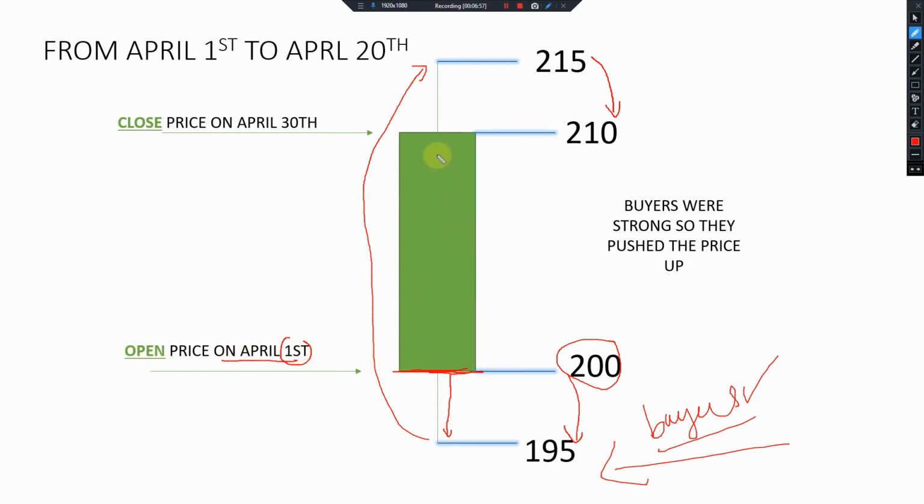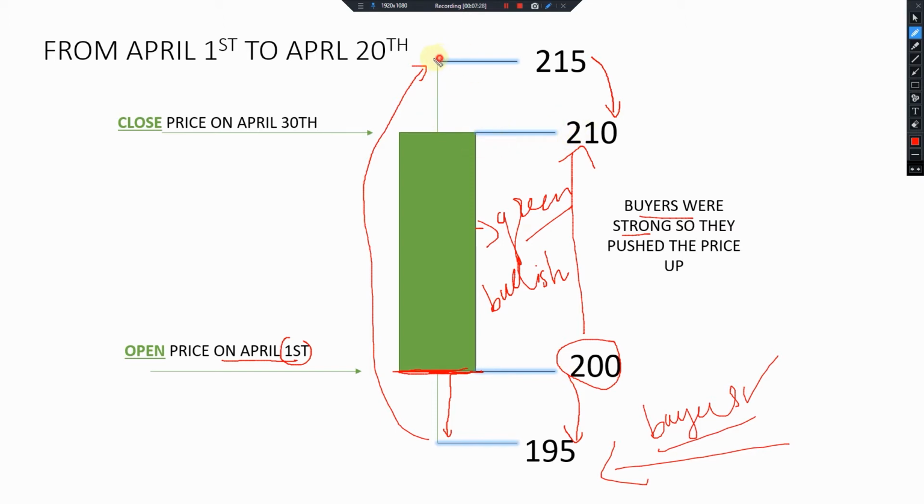A green candle will have the open price at the bottom, because the buyers increased the price from a lower price, 200, to a higher price, 210. That's why the color of the body is green. It means bullish. In other words, buyers were strong, which made the price of rice go from 200 per kg to 210.